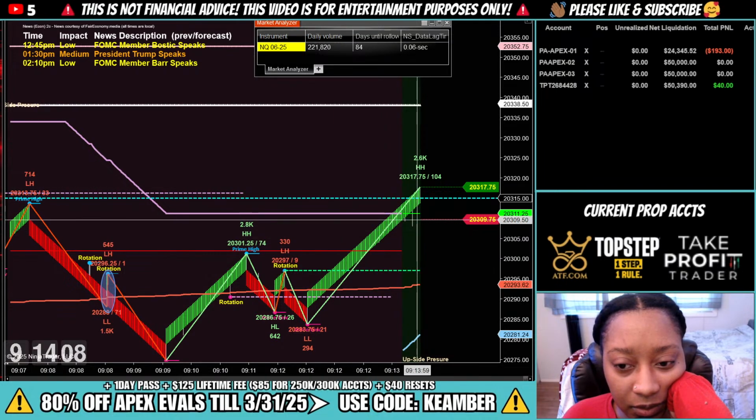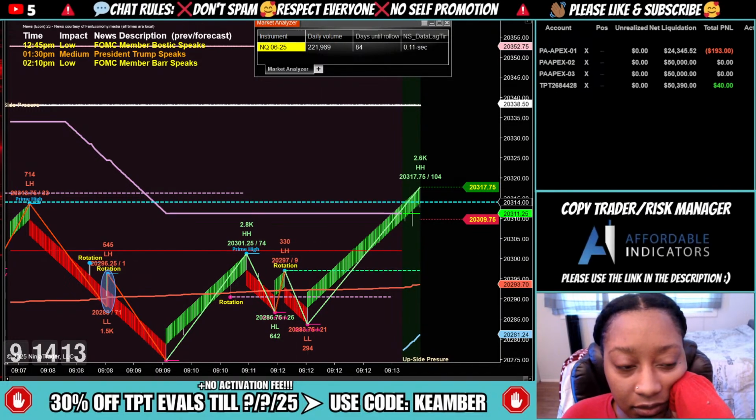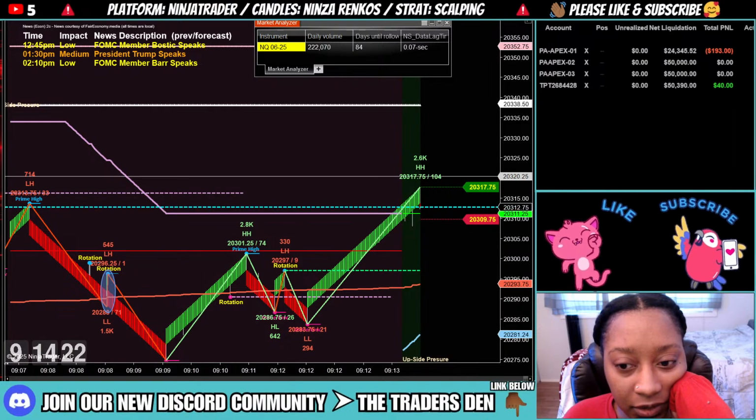Oh, I'm surprised we didn't close right there. 130. Gonna be looking for a buy off the pullback possibly. Oh no, there's too much volume in this bar.